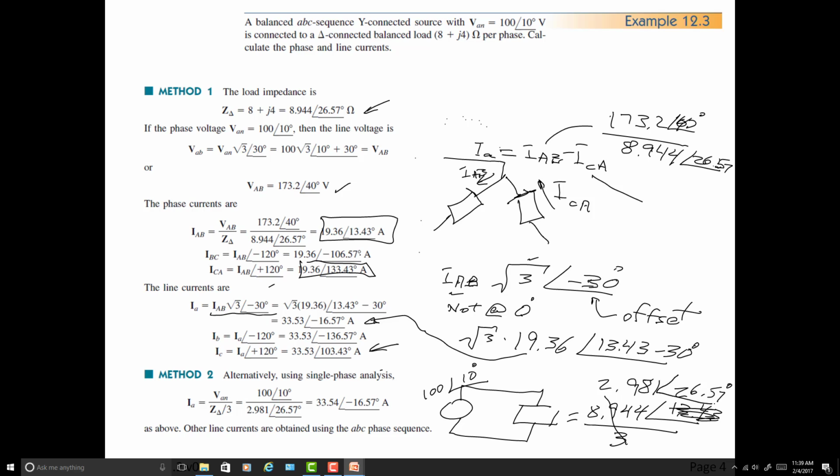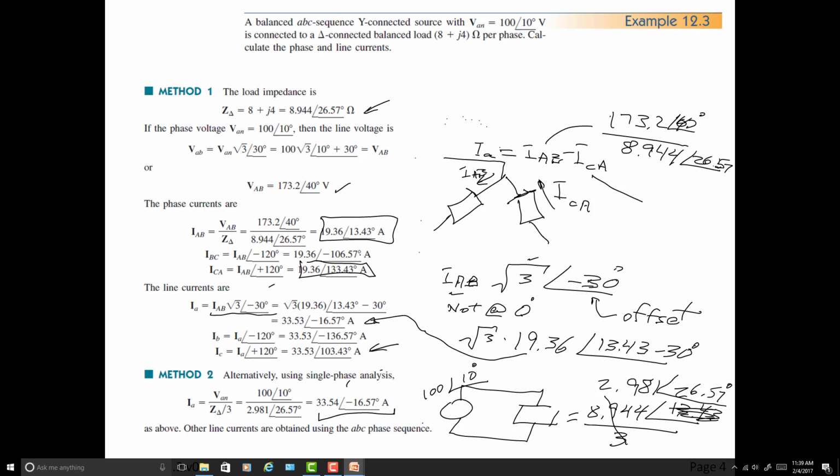So this was the new Z. So 2.98 into the 26.57 and 10 degrees. And lo and behold, this turns out to be the same number. So I just got to be careful that I grab the right thing. So either way, you had to go find Z originally in the first place. And nice to see that method 2 and method 1 come to the same result, 3354 at minus 16.57. And the line current here came out to the same thing, 3353, 657.